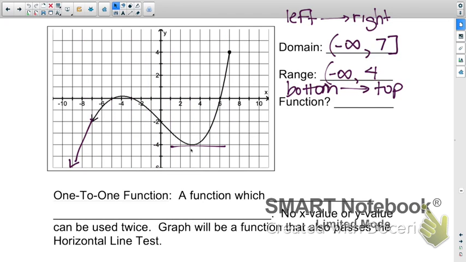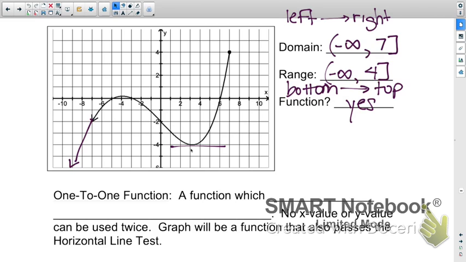Now, while we're still looking at the same graph, let's talk quickly about a one-to-one function. A function itself, we said, is a relation where each x value has exactly one y value.